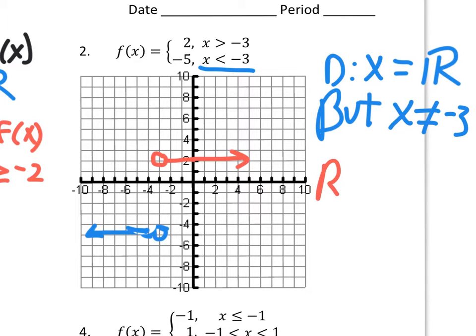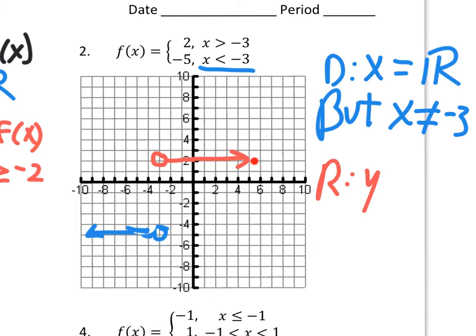How about your range? The range of this guy. What would your range be? Y is greater than 2, y is less than 2, y is greater than negative 5. What is it? Less than or equal to 2. So you're telling me that it has coordinates that are all down here? Will you ever have a coordinate with the y value down here?